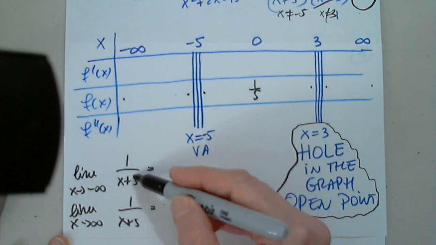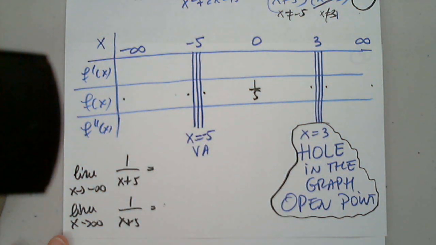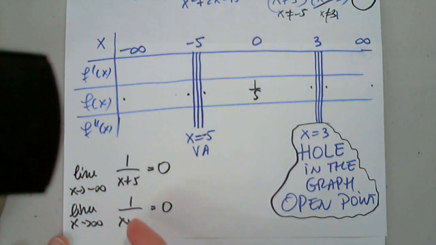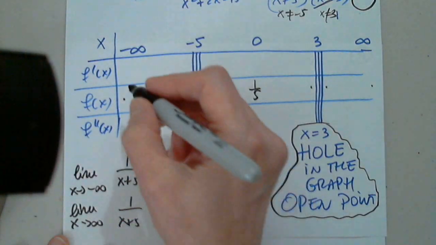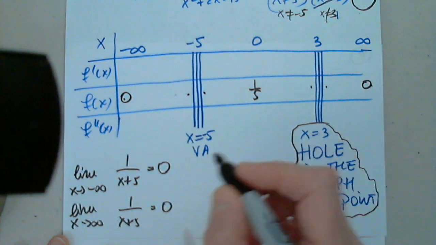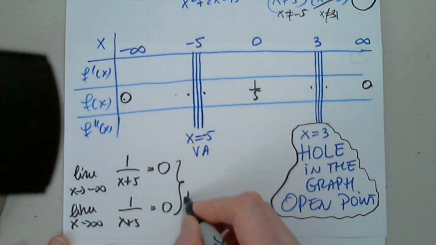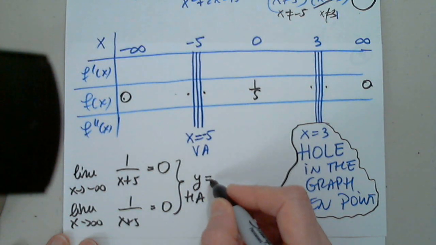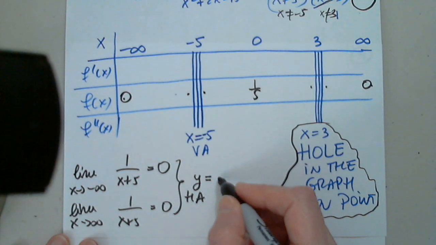One divided by huge. What would that be? 0. Exactly. And we know that because the degree of the denominator is higher than the degree of the numerator. What does that mean? What is the horizontal asymptote? Y equals 0. That's it.